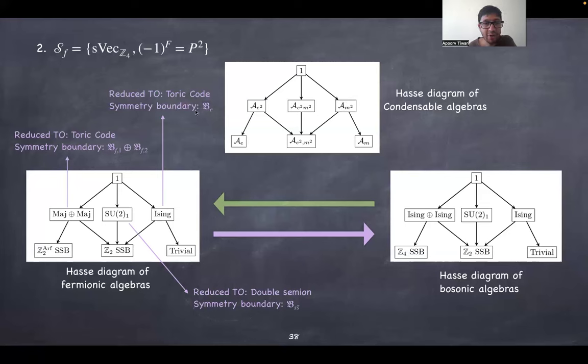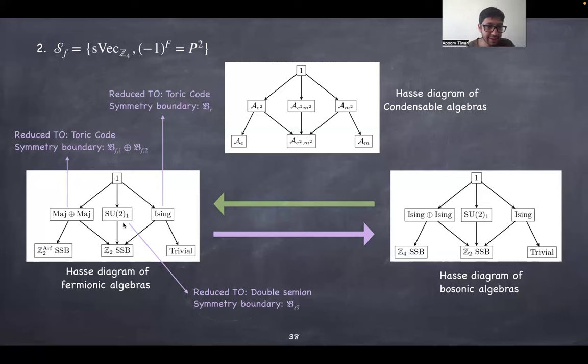And as a symmetry boundary, it realizes a bosonic symmetry. Therefore, this transition between Z2 SSB and trivial is really a bosonic transition with the fermion parity symmetry implemented by the identity line. So this sub part of the Hasse diagram is actually bosonic, but all these theories are viewed as fermionic.